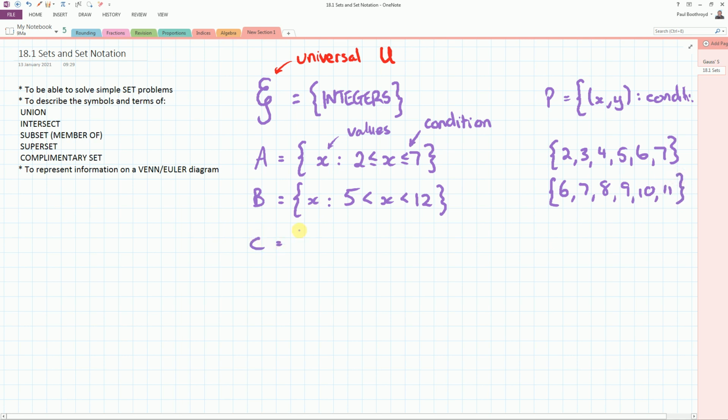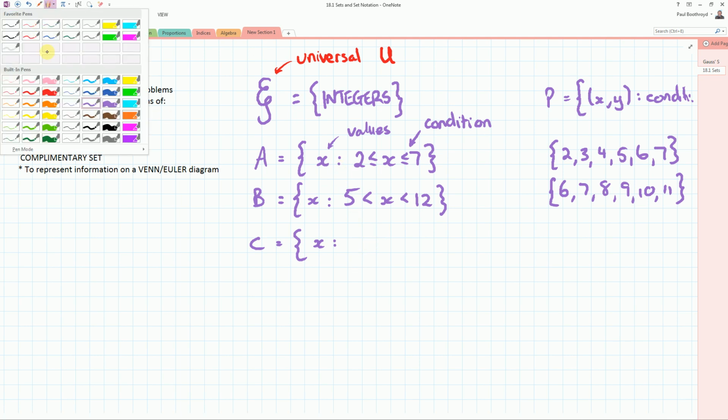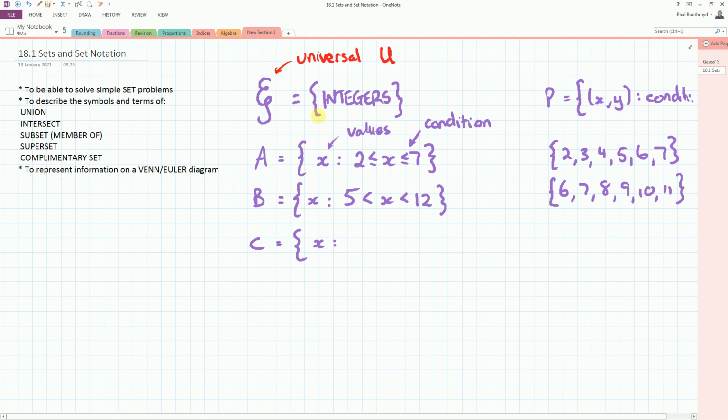And set C is the set of values of X where, and there are different ways people say things. They say things like such that, or where, or by is often used as well. So if you see such that or where, it's saying this description needs to match.